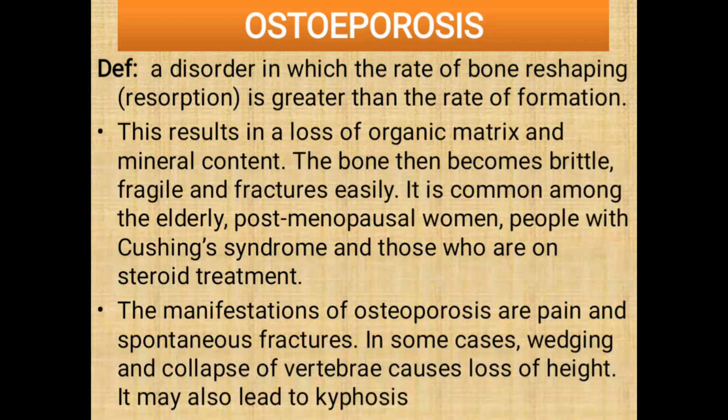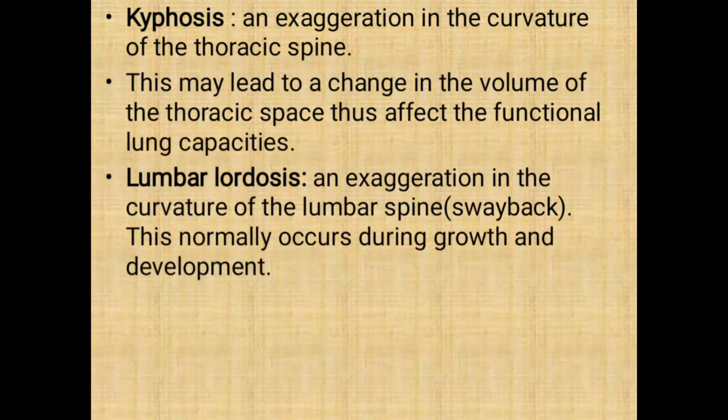The bone then becomes brittle, becomes fragile and also fractures easily. It is common in elderly people, and also postmenopausal women who have reached menopause. Also people with Cushing syndrome and those on steroid treatment, corticosteroids.